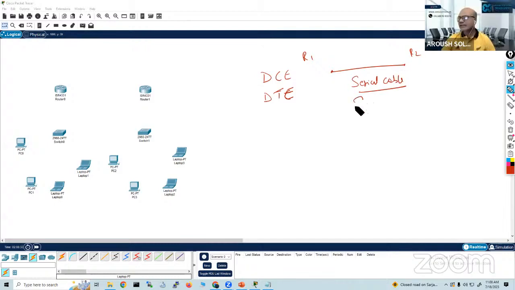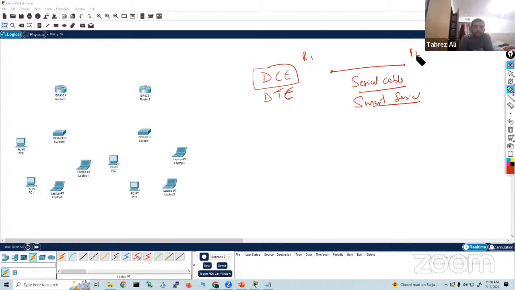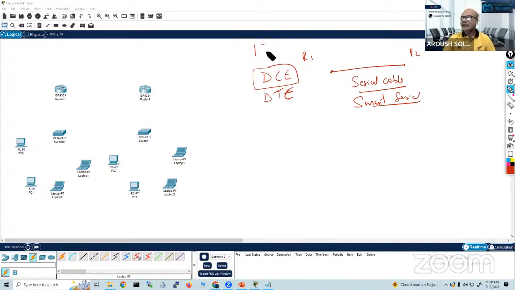Now the latest has become the smart serial cable. So remember that we can give the clock rate only on the DCE interface, not on the DTE. We can set the clock rate and bandwidth only on one side, not on both sides. Why? Because only the ISP can control your bandwidth.